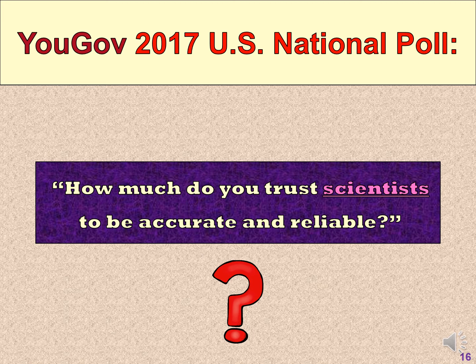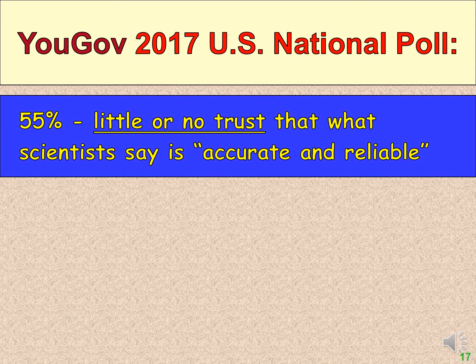That is, no clarification about what kind of science or what kind of scientist, but just in general, how much do you trust the average scientist to be accurate and reliable? Now, you can speculate what the answer to this question is, but to me at least, it was rather shocking. 55%, that's more than half, had little or no trust in what scientists say is accurate and reliable. That's more than half.